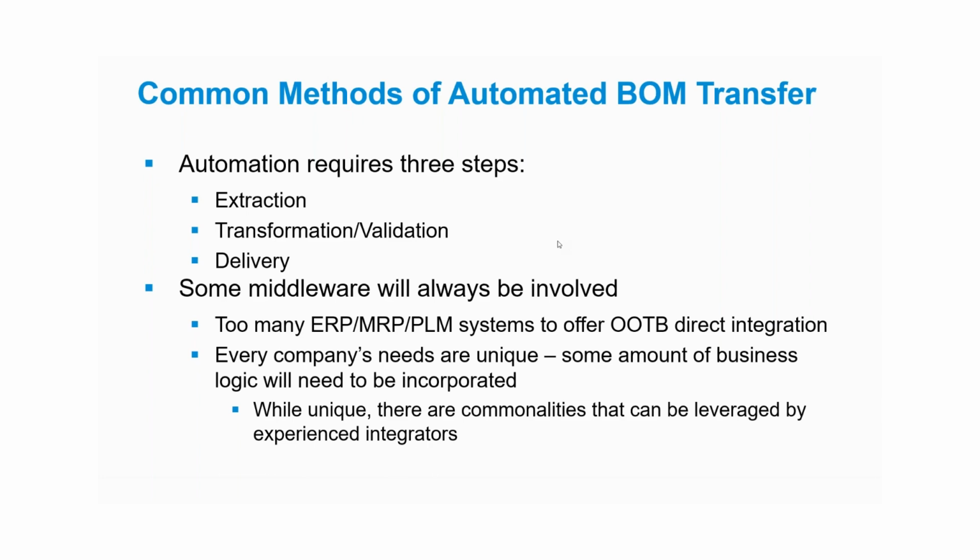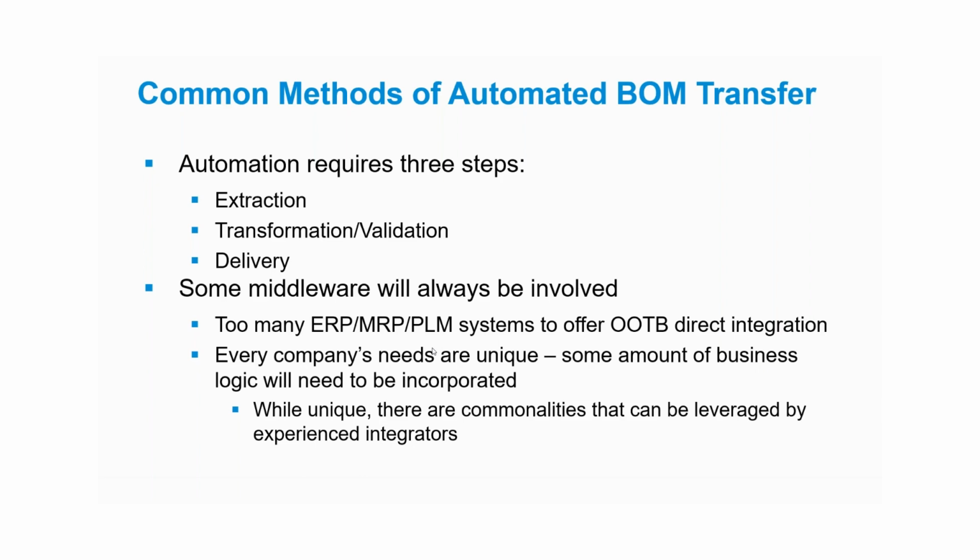Now, because of this, and because there's so many different business systems out there, there's always going to be some middleware involved. Middleware meaning some piece of software that's in between the source system and the destination system that does this transformation, validation, and all the communications, right? And not just because there are so many different business systems out there, but because every company's needs are unique.